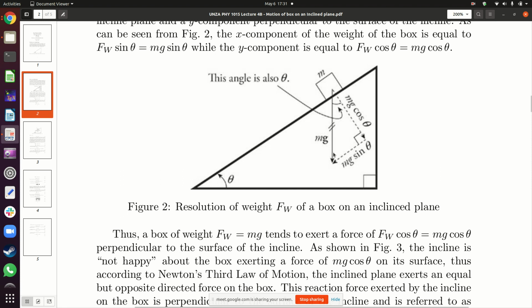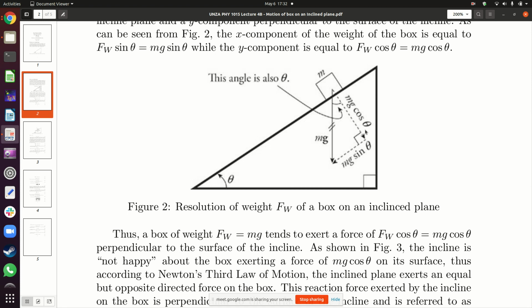So we are obliged to find out how much of this weight lies along the x-axis and how much lies along the y-axis. The part along the x-axis is going to be the x component of the weight, and the part along the y-axis is going to be the y component. Are we clear?